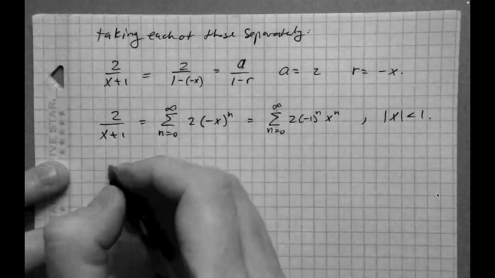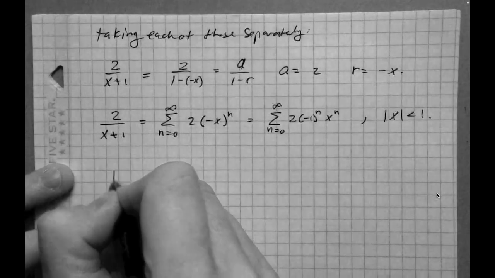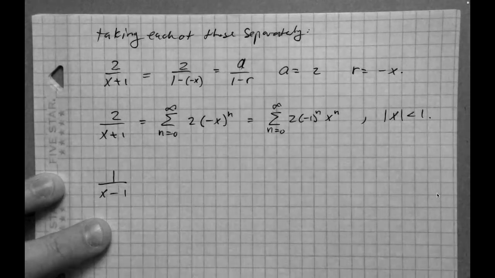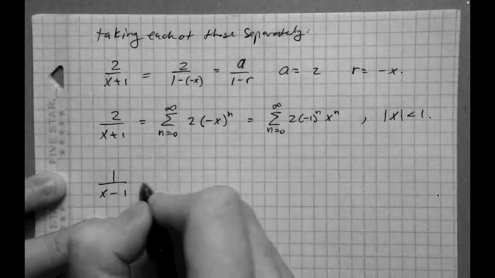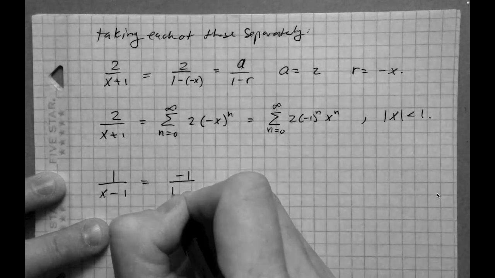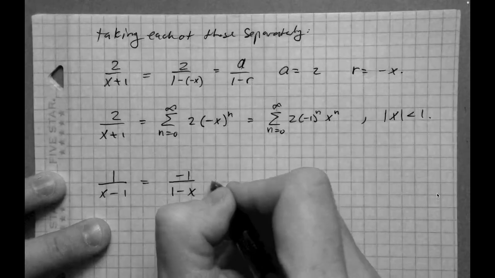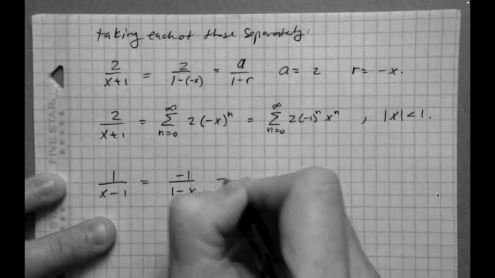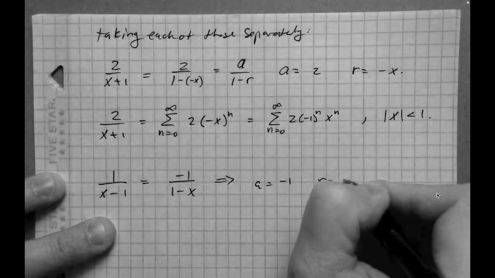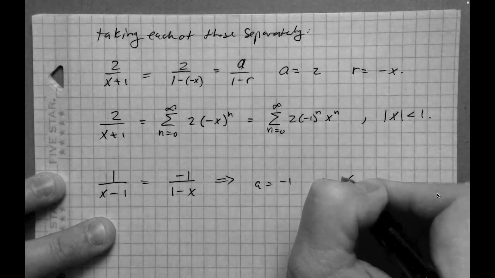What about the other one? Well, the other series is going to be based on 1 over x minus 1. Right, and so this one we could write as negative 1 over 1 minus x, which implies that a is equal to negative 1 and r is equal to positive x.